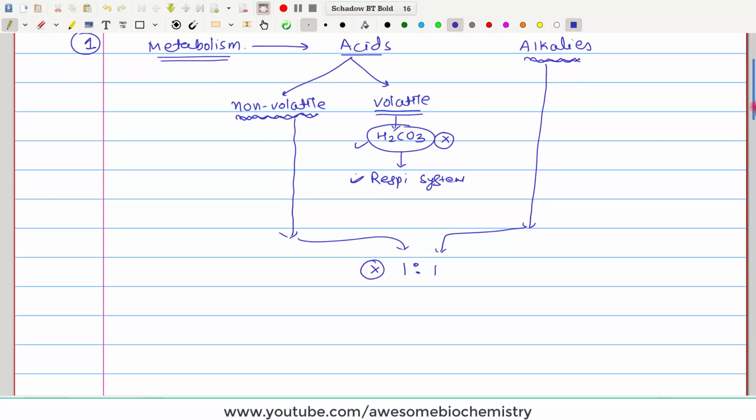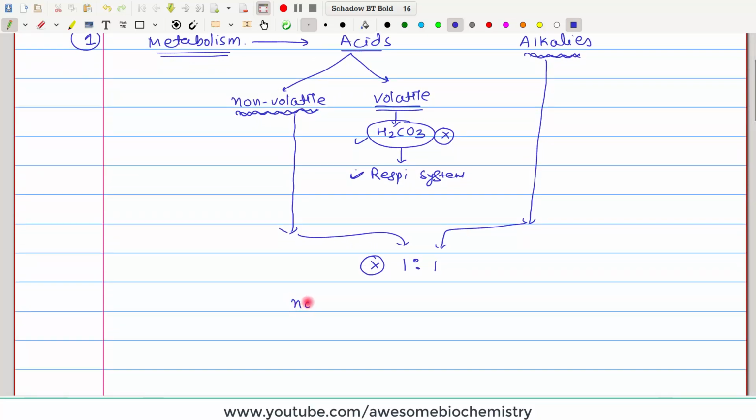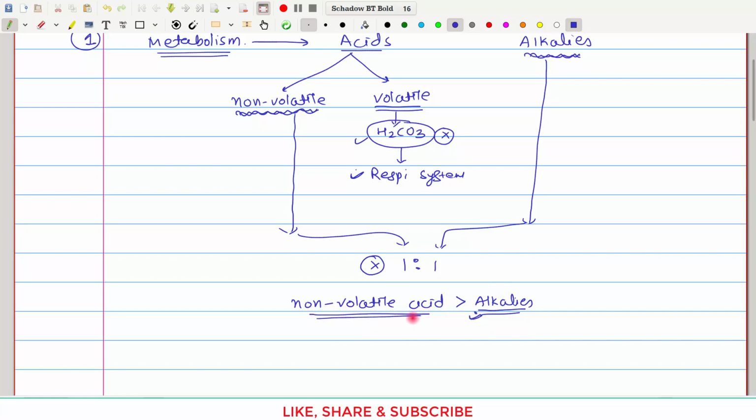Actually, in our body, the production of non-volatile acid is a little bit higher than the production of alkalis. So what will happen? As alkalis are less, all the alkalis will be neutralized by the acids, and even after neutralizing all the alkalis, some of the non-volatile acids will be left.